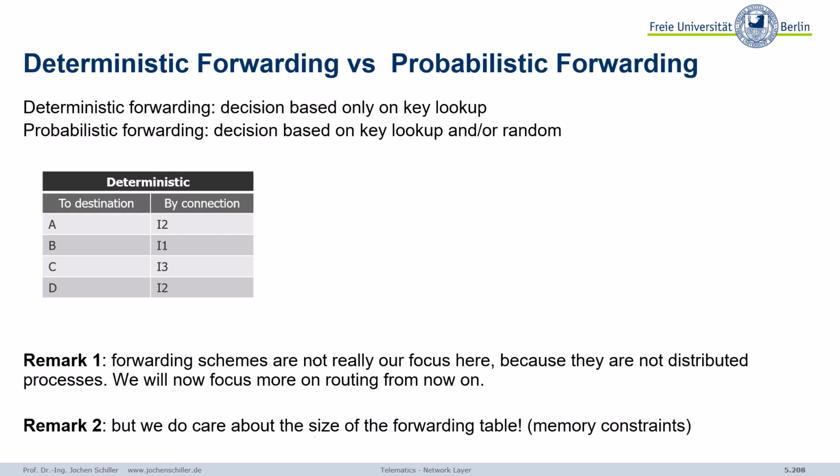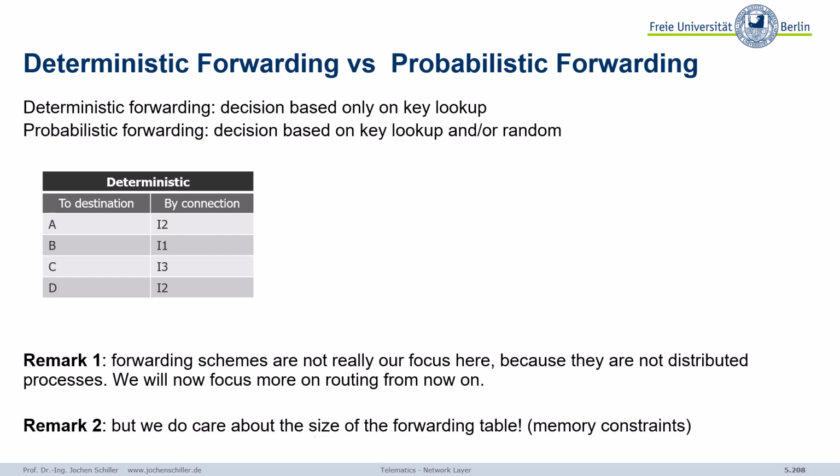What else can we do? We can create probabilistic forwarding. It could be deterministic. It could also be probabilistic. What is the difference? Not the routing, now forwarding. We have a forwarding table, and typically, in the examples I showed you so far, we do deterministic forwarding, for example, longest prefix match.